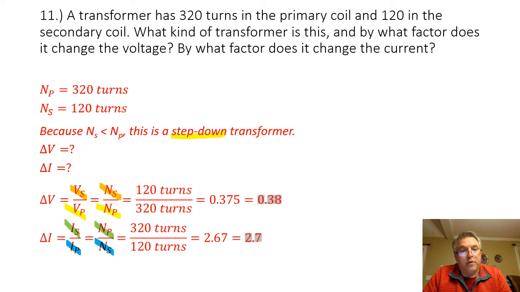And that's going to equal my primary number of coils divided by the secondary number of coils, the reverse of what we did for the voltage. So 320 turns divided by 120 turns equals 2.67, or a ratio of 2.7. And because these are ratios, there are no units for that. And if you notice in this, my units will cancel out in each of these. So I am dimensionless when I'm talking about a ratio.